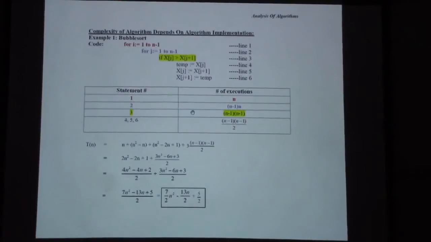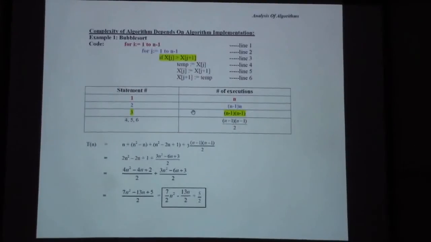So you can see that our T of n, which is our instruction count, is equal to some quadratic function. This is a parabola, right? It's 3.5n squared plus about 6.5n plus 2.5. Now, as n is getting bigger and bigger, for example, when n is 1,000, this term is going to be 3.5 million.